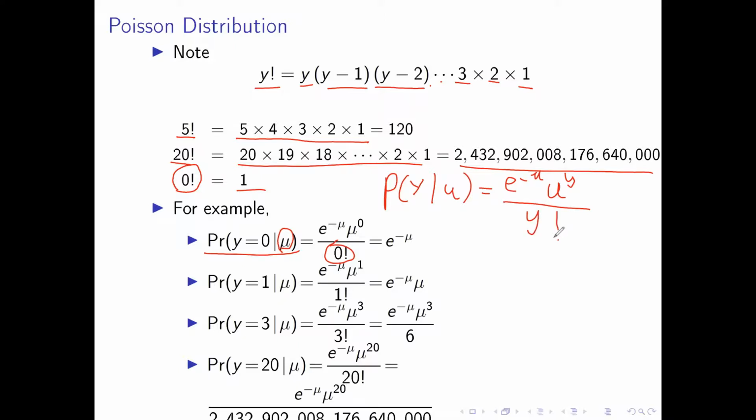Since the count is 0 here, we just plug in 0 for y, and all other places stay the same. We don't touch mu. So it is equal to e raised to the power of negative mu. Same thing we can do for y equal to 1, y equal to 3, y equal to 20. Well, y equal to 20 is going to be a very small probability.